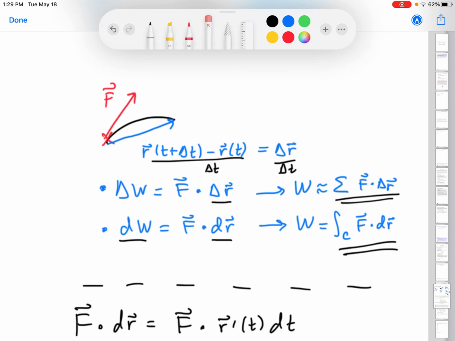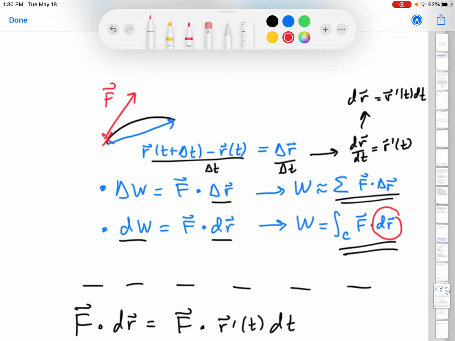And if I take the limit as delta t goes to 0, this tends to dr/dt, which is r prime of t. So from here I can see that dr as a quantity is the derivative r prime of t times dt. That is useful because then I can go over here to this new vector line integral we've defined, and I can replace dr with r prime of t dt.